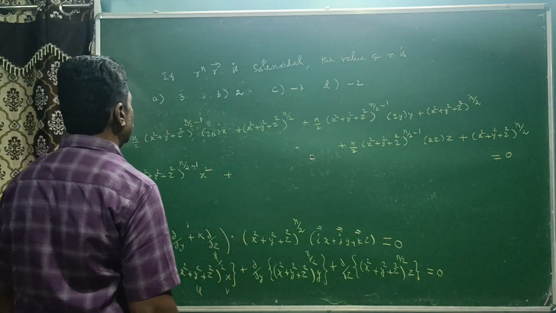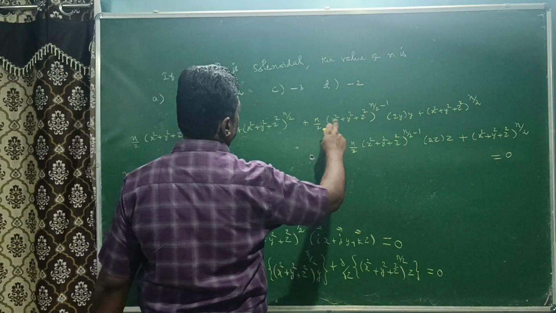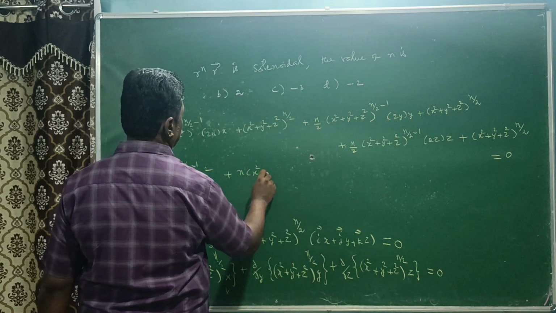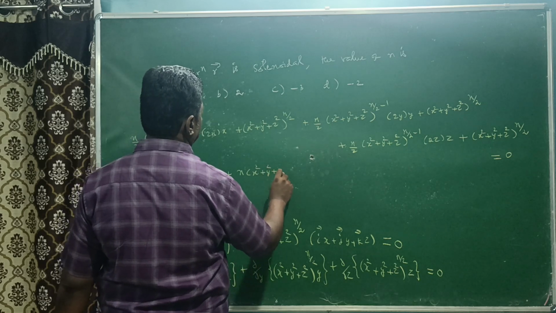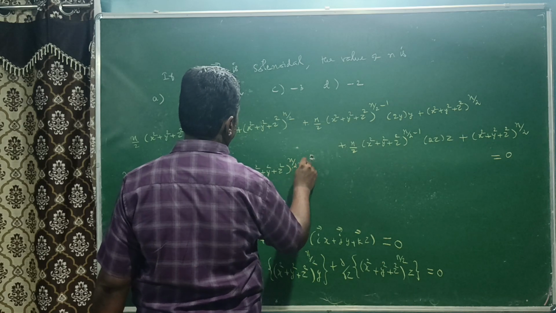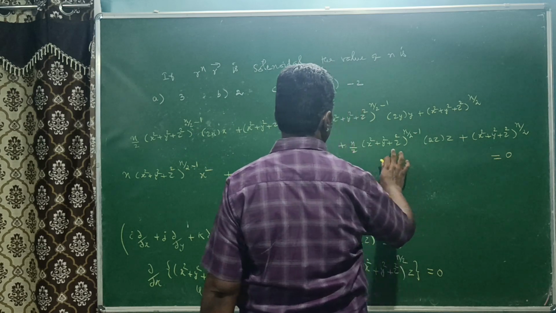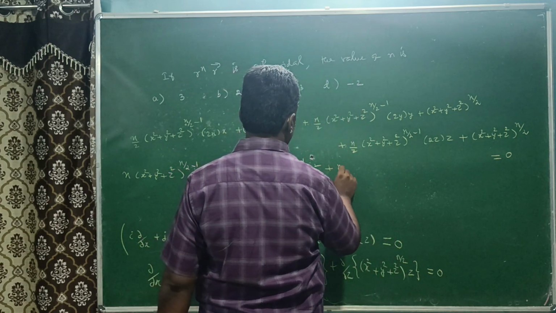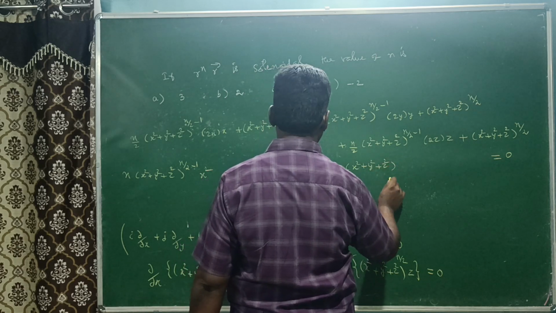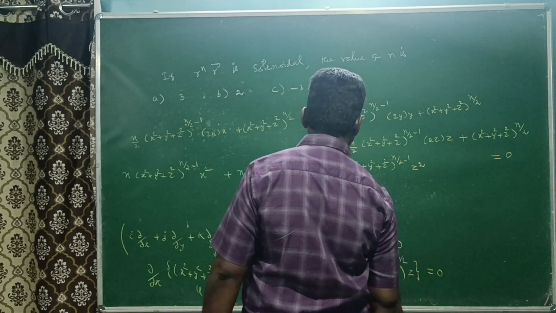Plus here, the 2 gets cancelled, n into (x² + y² + z²)^(n/2 − 1) into y². In the same manner, plus n into (x² + y² + z²)^(n/2 − 1) into z².